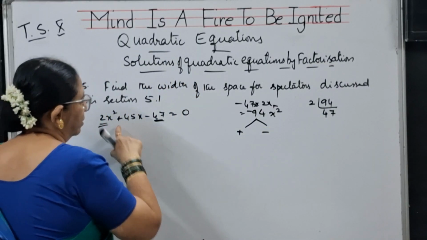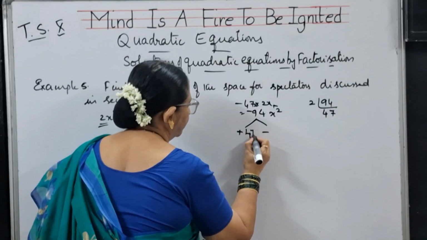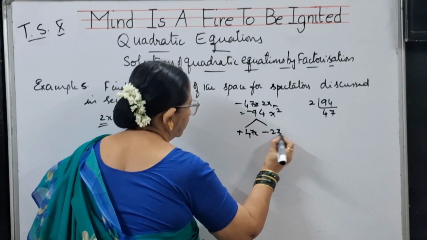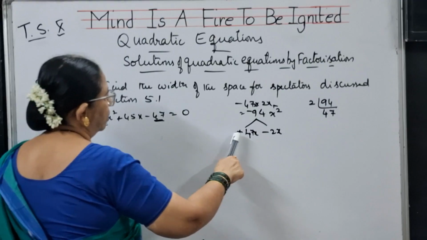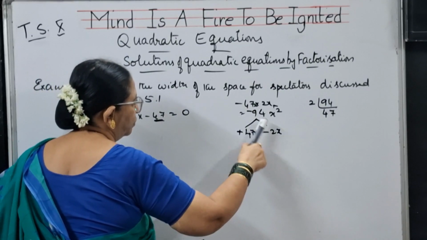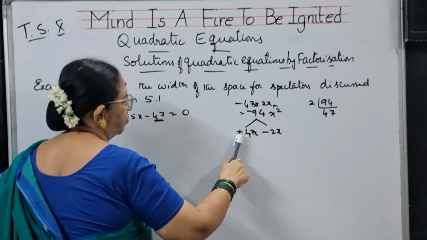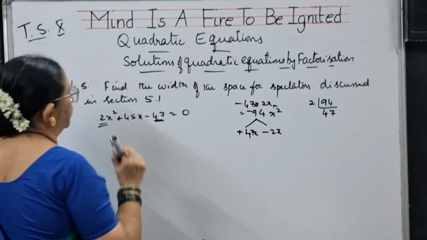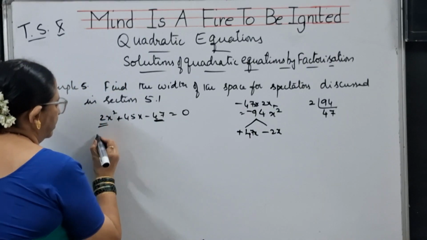And this is plus. So plus 47x minus 2x, if you do, you are going to get plus into minus, minus; here 47 into 2 is 94, and plus 47x minus 2x is plus 45x. So our splitting is correct.